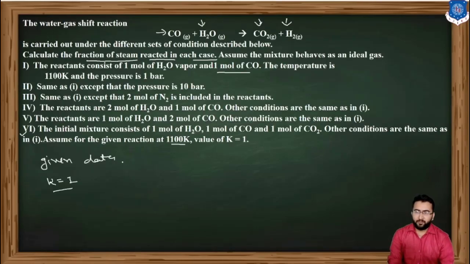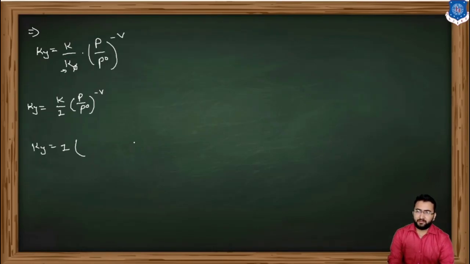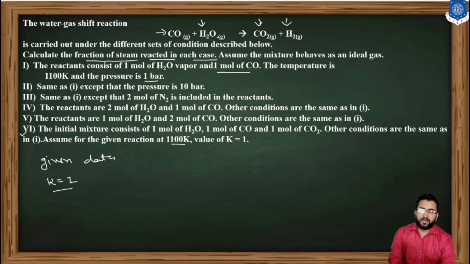The value of P is 1 bar in case 1, and P naught is 1. Then minus V means the total stoichiometric number. The stoichiometric number for CO is minus 1, for H2O it's minus 1, for CO2 it's plus 1, and for H2 it's plus 1, so the total becomes 0.